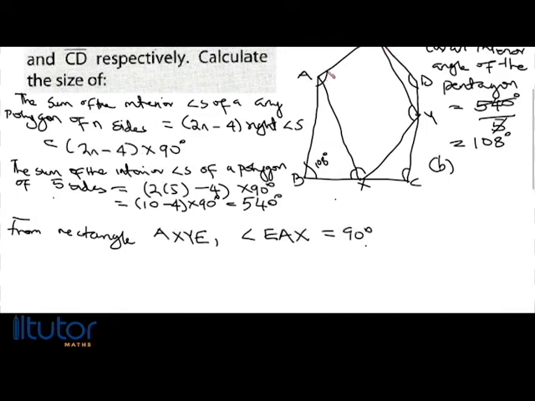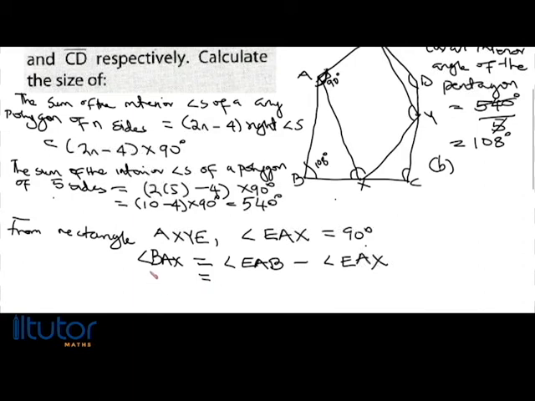Now, if this is 90 degrees, but the whole of this place is 108 degrees, it means that this place, angle BAX, is equal to angle EAB, which is one of the interior angles of the pentagon located at A, minus angle EAX.